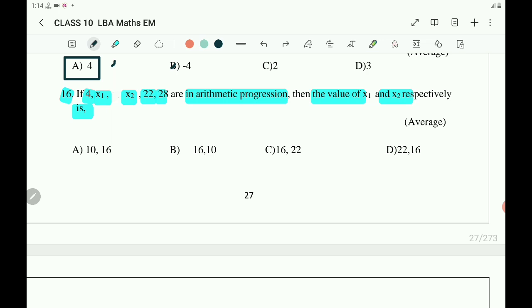So 22 plus 6 is 28. Then 28 minus 22 is 6. Then 22 minus x2 must be equal to 6. Then you will get 22 minus 6 equals x2. That is 22 minus 6 is 16. So you got x2 is 16.